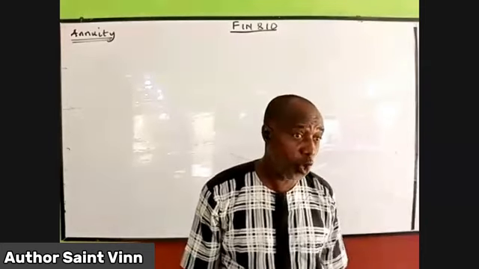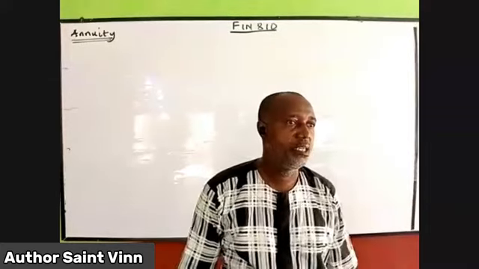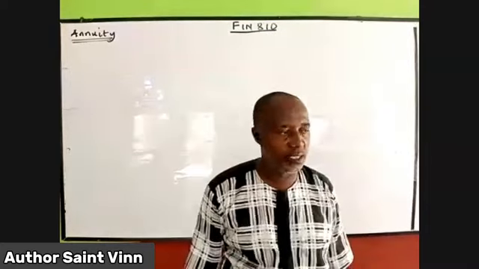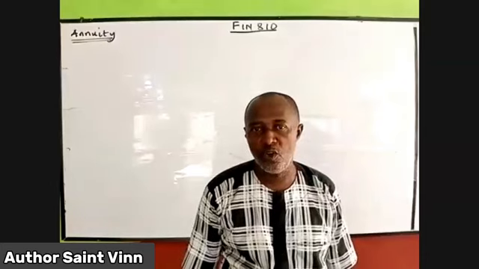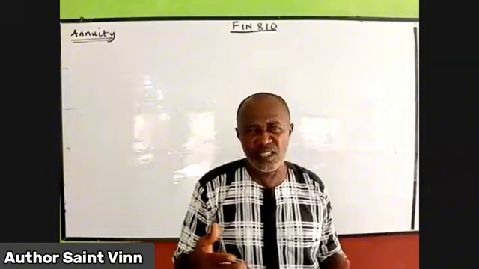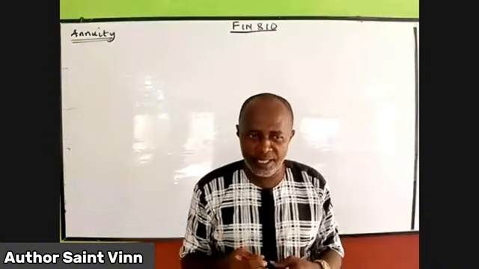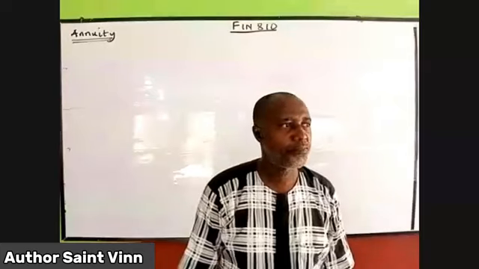That was where we stopped. Another part of mathematics of finance is called annuity. The one we did before, the formula was very short, but this one is a little bit lengthy.